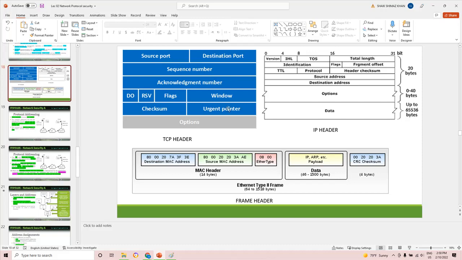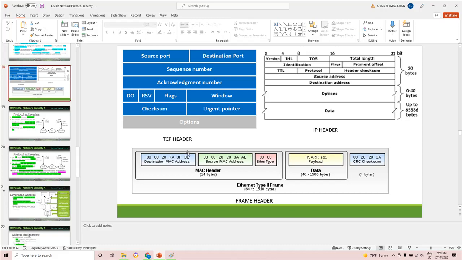Second, the application address or port number. This identifies which application in the system the message should reach. So it is decided by the port number. The sending application will have some port number, and the destination also will have some port number. The sender should know the port number of the destination application to which this data has to reach.